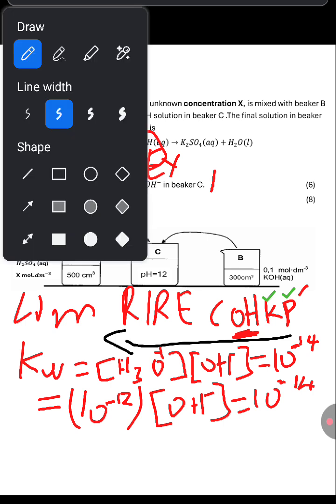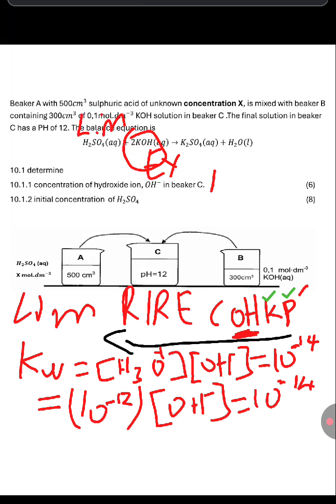Then we are going to divide both sides by 10 to the power negative 12, both sides.